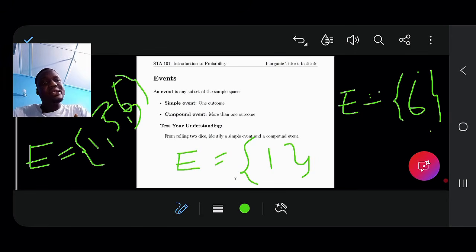So if you get 1 or 3 or 5, you still fulfill the goal of getting an odd number after rolling a die. So let's visit the previous example and now discuss how to find those probabilities.